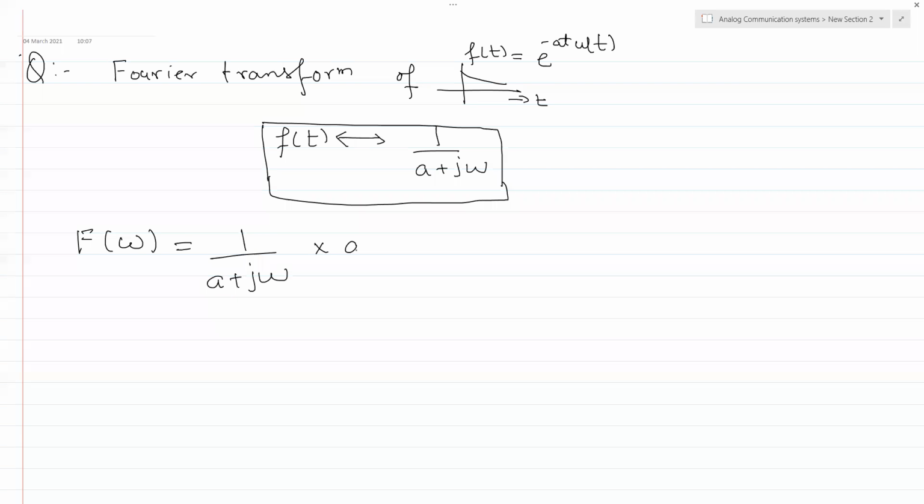Rationalizing this, you will have a minus j omega divided by a minus j omega. Then what you will get: a minus j omega divided by a plus b, a minus b is a square minus b square. J square is minus 1, minus or minus is plus, so it will be plus omega square, right?